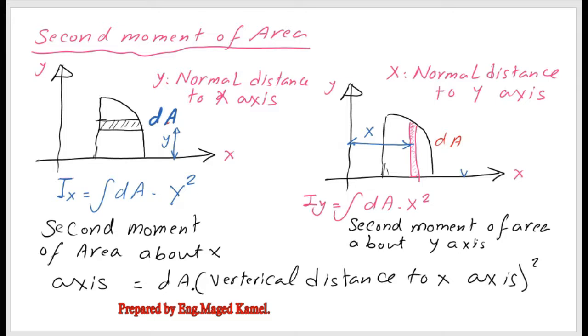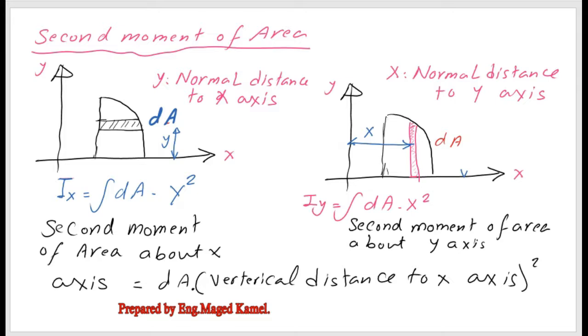If we are going to evaluate the inertia about the x-axis, we need to know the y dimension, or the vertical or normal distance to the x-axis, and we are going to say that the moment of inertia about the x-axis is equal to the integration of dA multiplied by y squared.